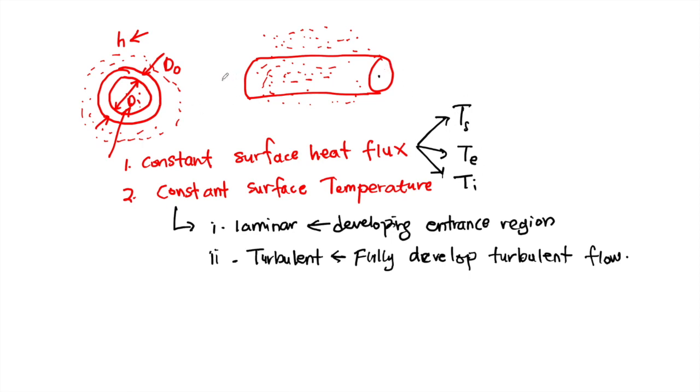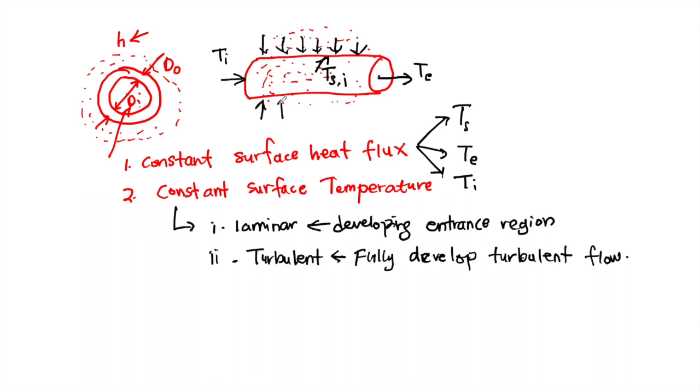When the fluid enters the tube we have T_inlet, and the fluid exiting the tube will be at T_exit, and then we have the surface temperature. Because we are dealing with internal forced convection, the surface temperature is the inlet surface temperature.